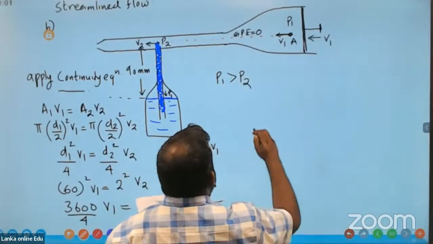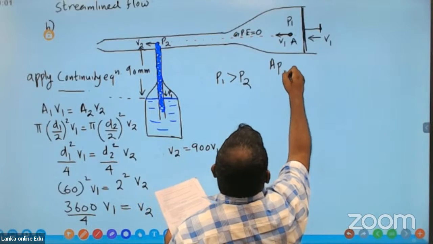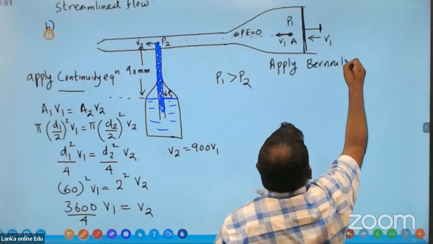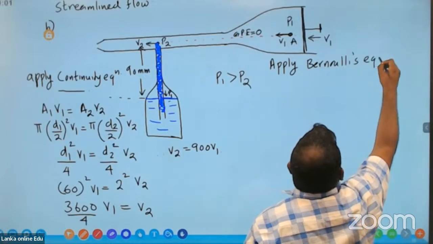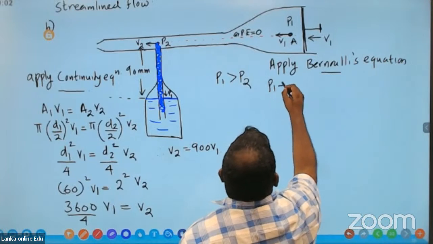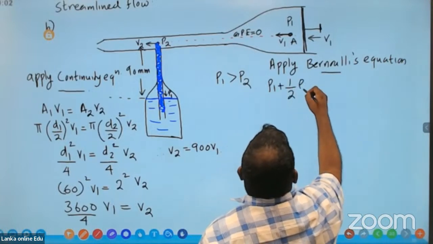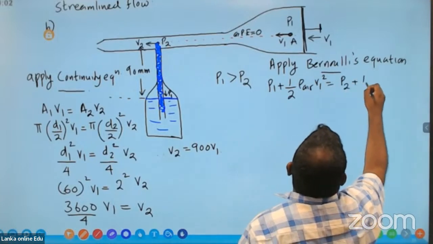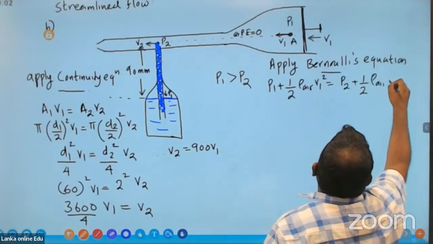Let's now apply Bernoulli's equation. P1 plus half density of air V1 squared equals P2 plus half density of air V2 squared.